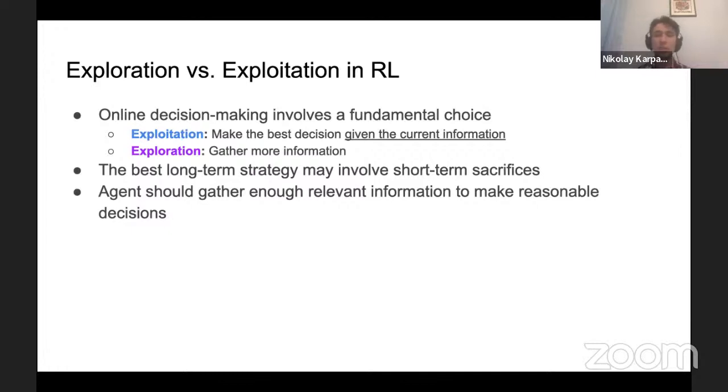Our information is always imperfect, and given this imperfect set of information, we need to decide how to act in each situation where our agent is at this point. Exploration, hence, is to gather more information and do something that the agent is not sure about.